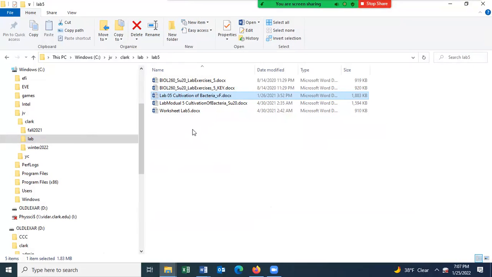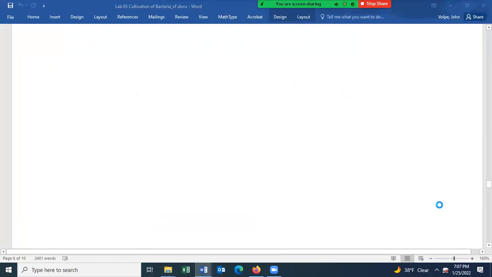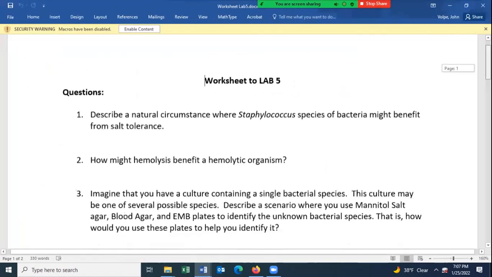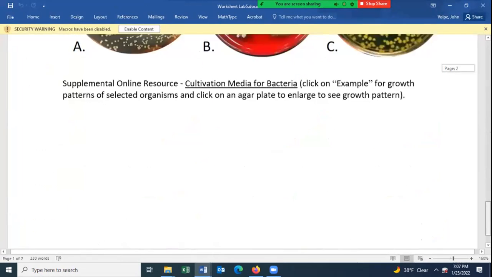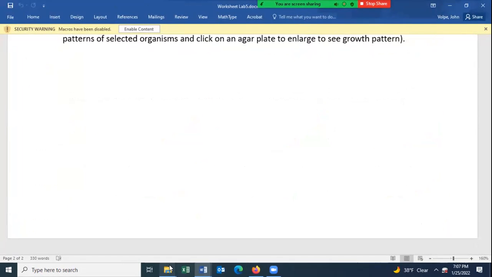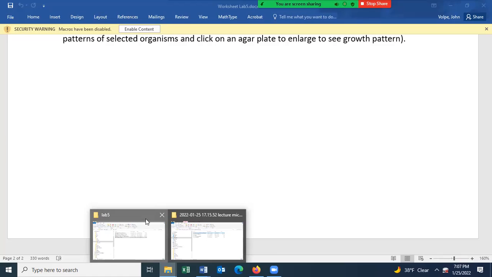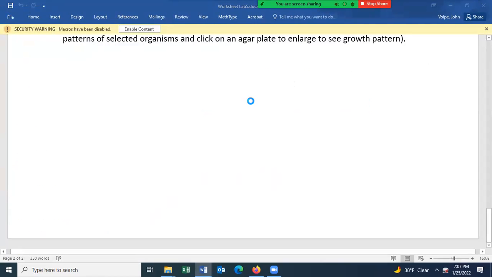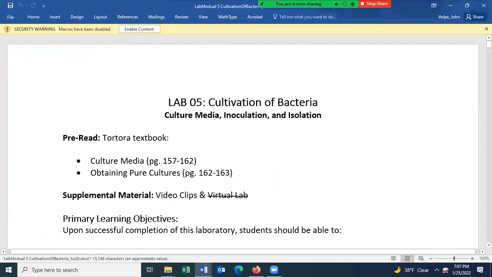Let me take a look at the worksheet and see if there's a virtual lab. It's not in the worksheet. Yeah, there's no virtual lab in the lab anymore. I need to cross that out.